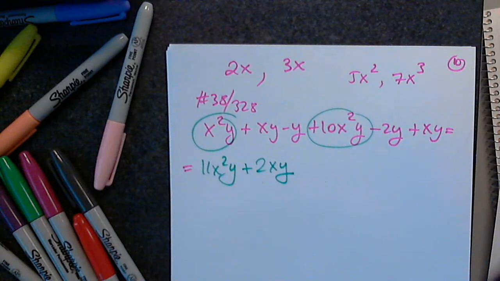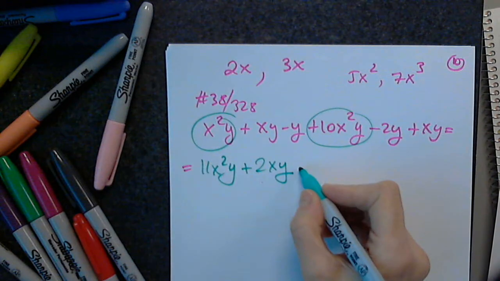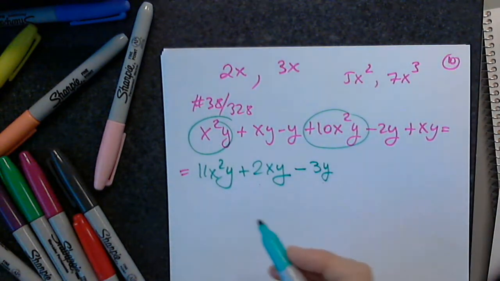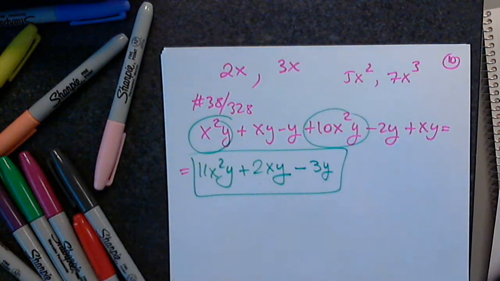So these are accounted for. Now I'm getting to negative y and then negative 2y. I can say negative an apple minus 2 apples must be negative 3 apples.